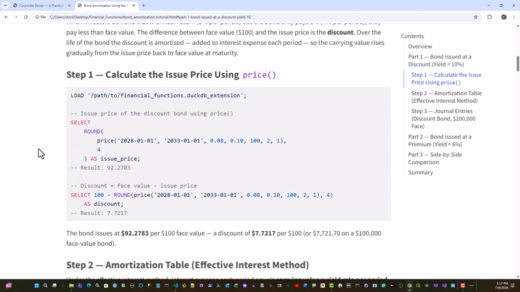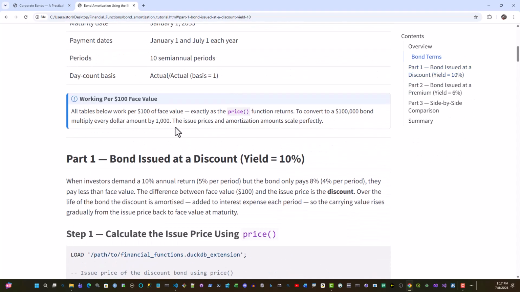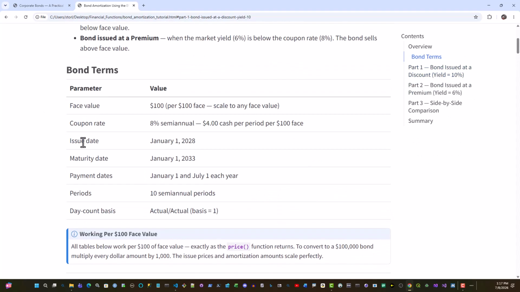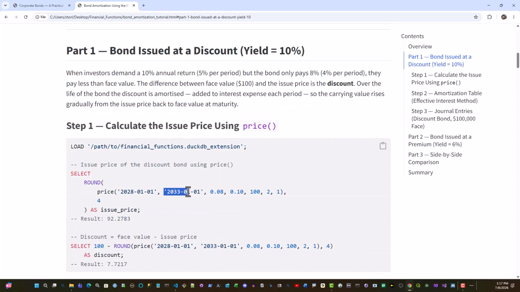So how do you do it? Well, you can calculate the price just like this by putting the inputs into the price function, which is the bond price. Here is the settlement date, as it's sometimes called. Up here we call it the issue date, which is like a settlement date. Here is the maturity date.